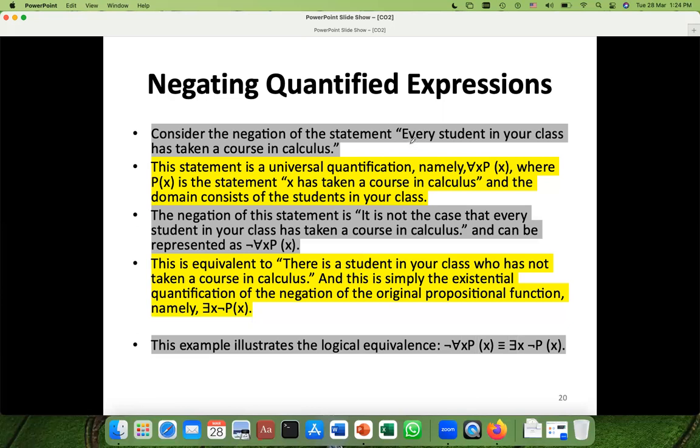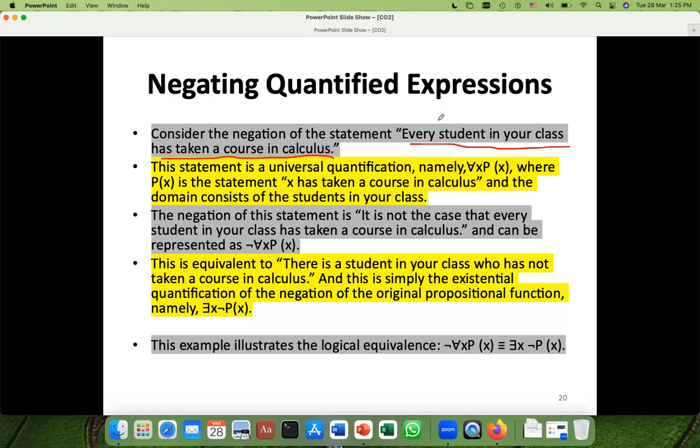For example, this is a statement: every student in your class has taken a course in calculus. From the words every student, you know that here the quantifier is universal.